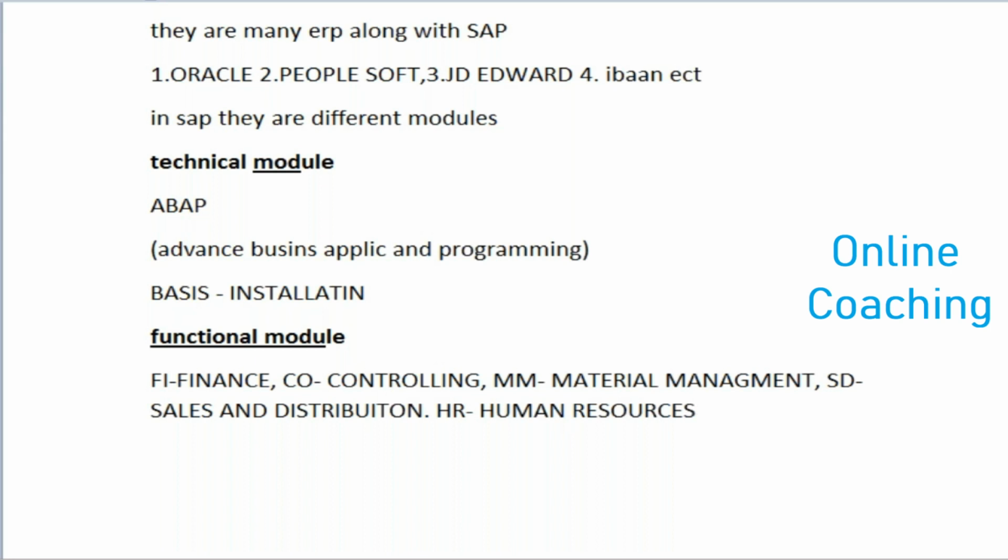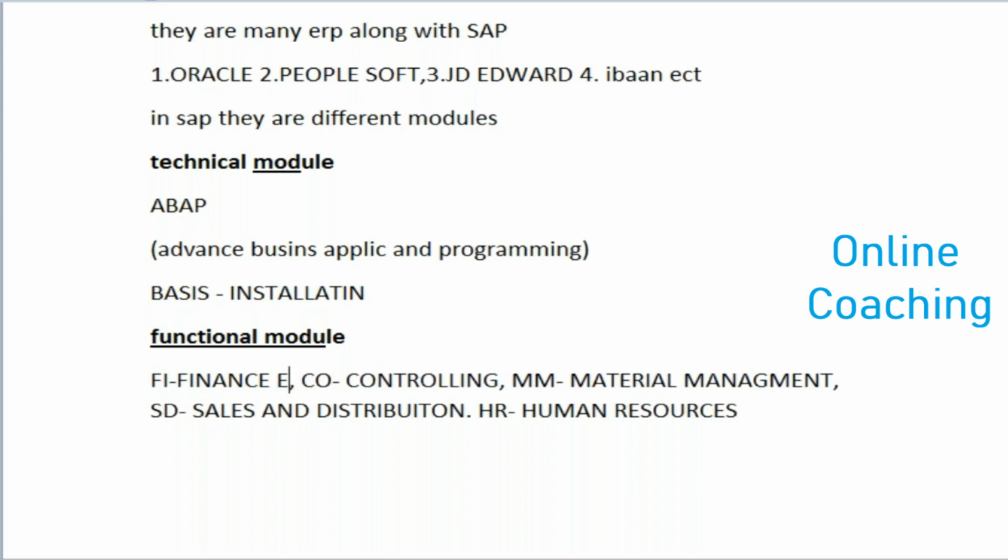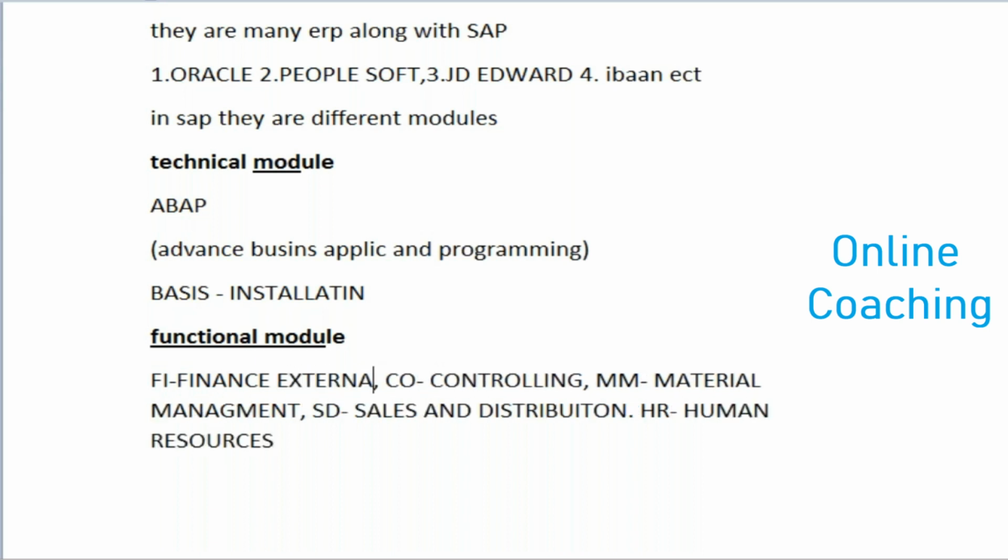Okay, human resource. You see, these are the modules. Currently, we are learning the module FI, mostly finance. Finance is an external report. It generates external reports. What are external reports? They are nothing but the balance sheet, trading profit and loss.